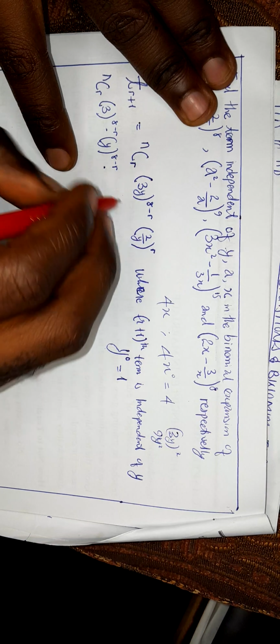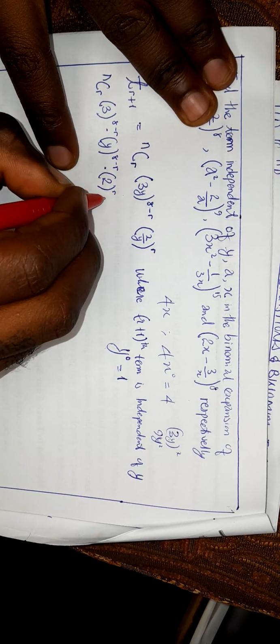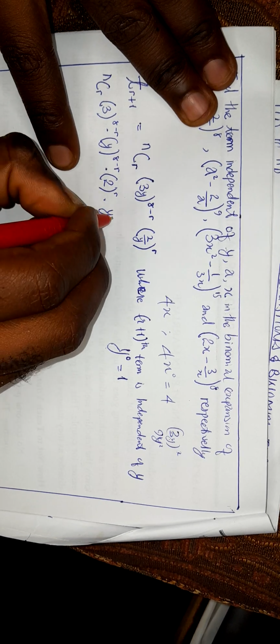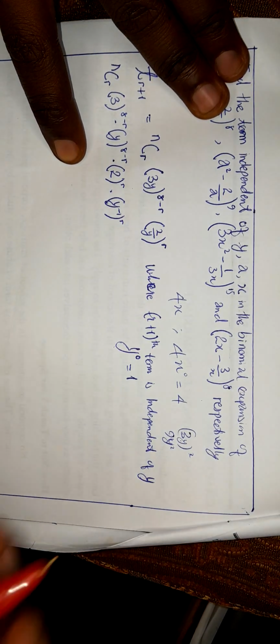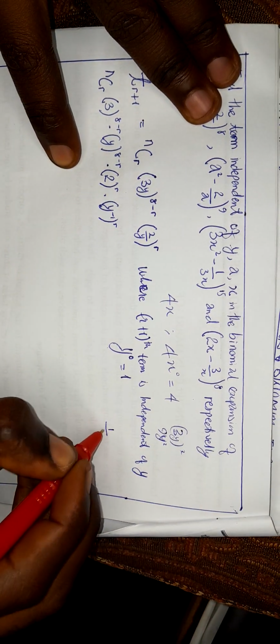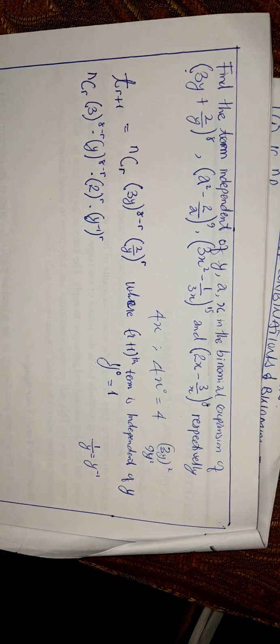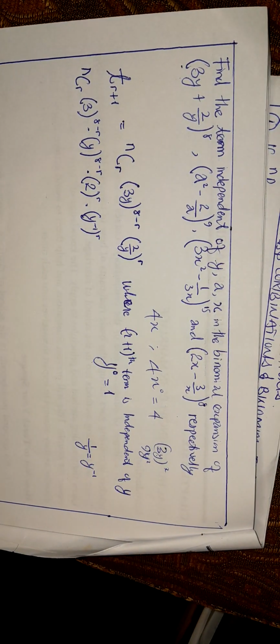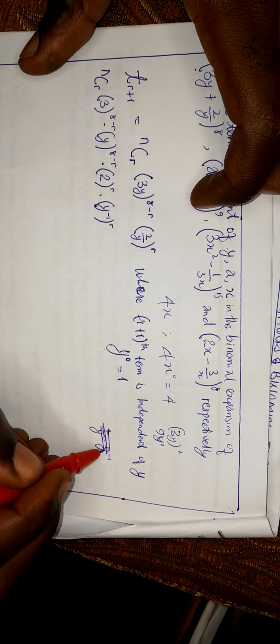Okay, for this, 2 to the power of r, y to the power of minus 1, to the power of r. Also note that 1 over y is the same thing as y raised to the power of minus 1. I believe you're following.